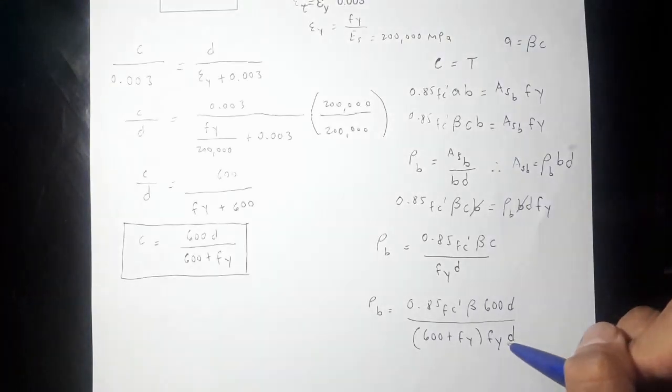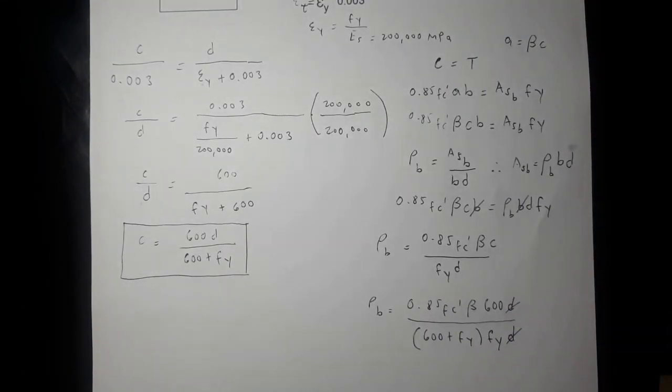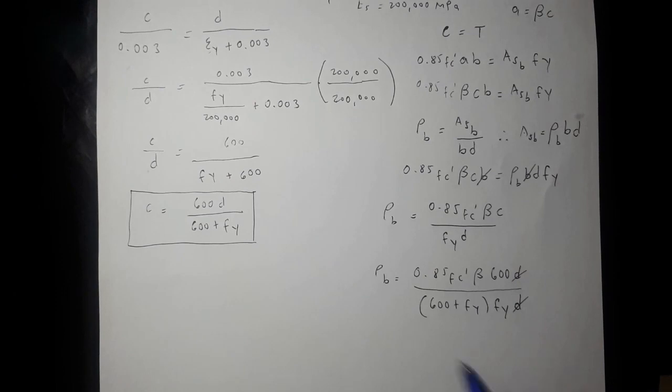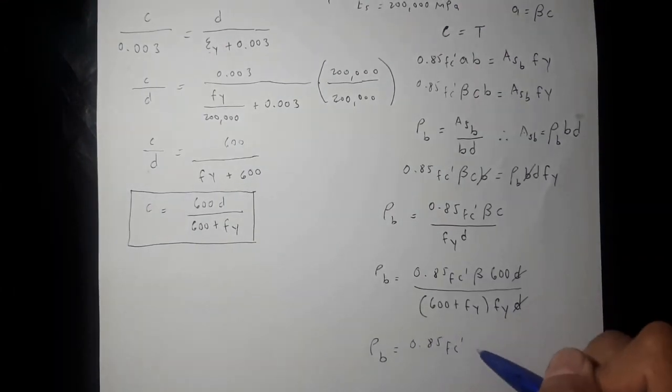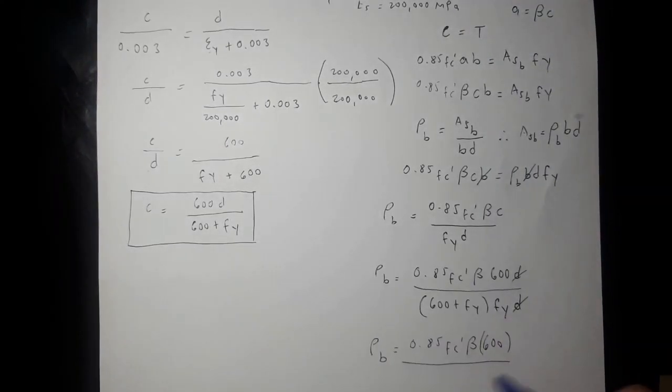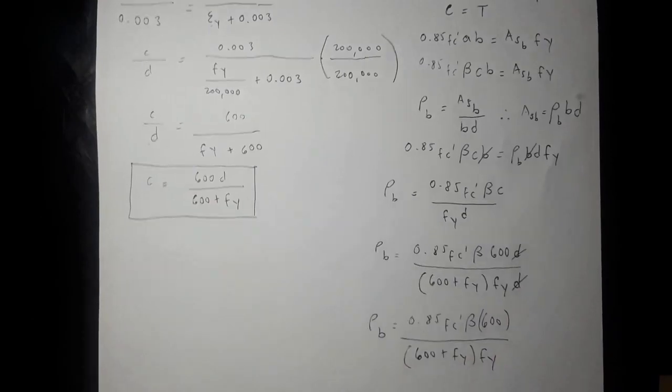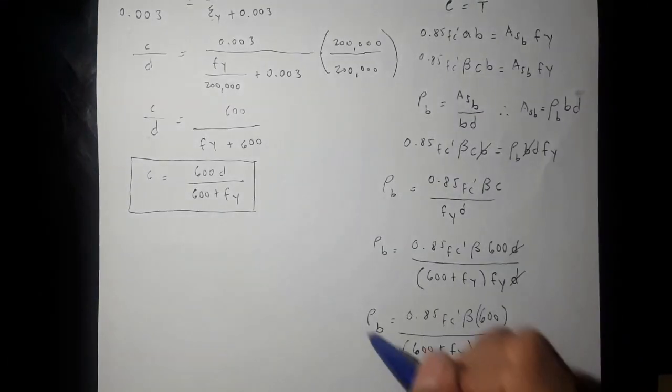So, magka-cancel yung D. Therefore, raw balance natin is equal to 0.85 Fc prime beta times 600 over 600 plus Fy multiplied by Fy.